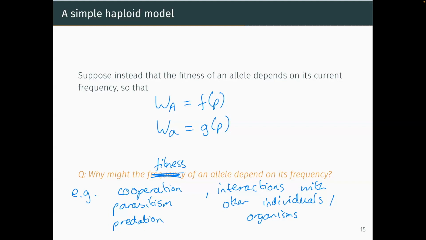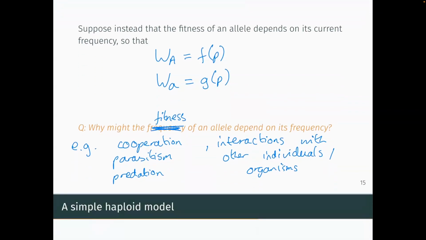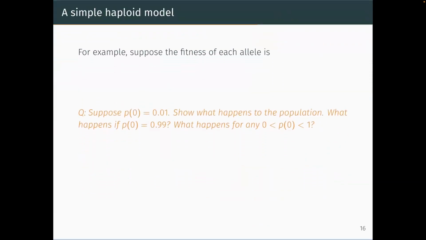You're not directly interacting with them, you have a shared enemy. It might pay to be different from what everyone else is in order to avoid them. There's also examples of this in terms of things like mimicry. Do you want to be like other individuals in the population? That might help protect you against predators or against parasites.